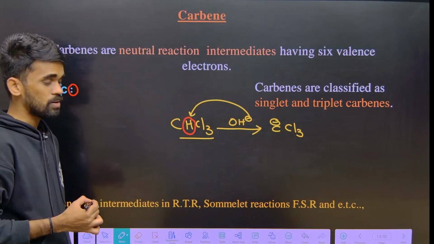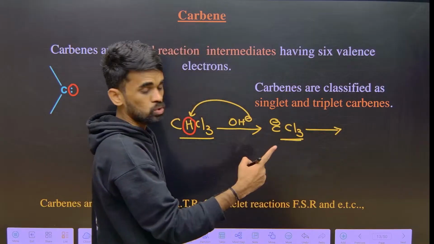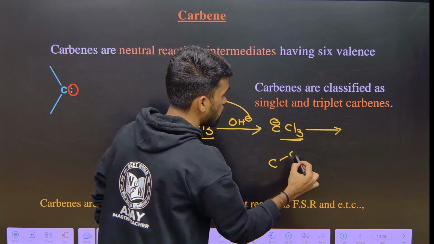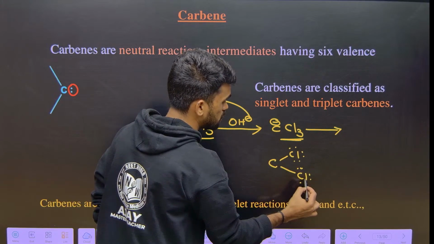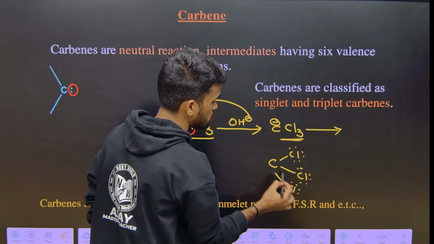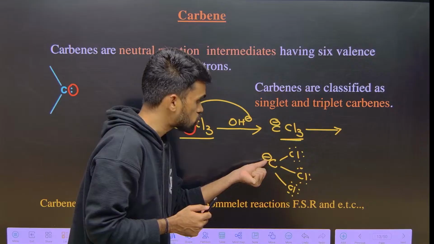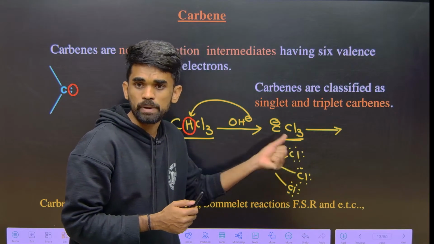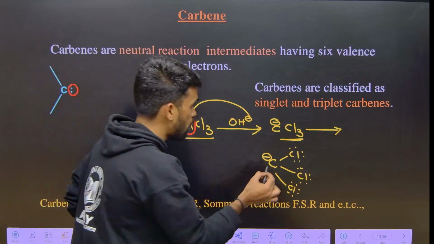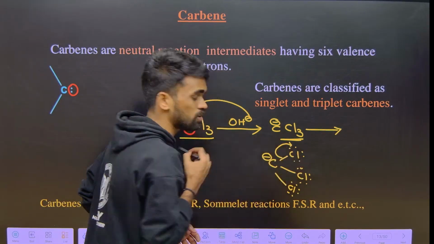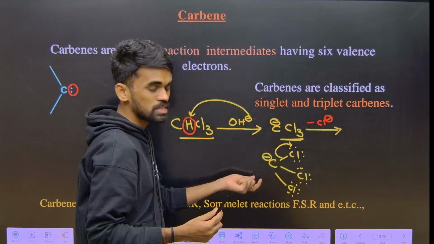After this, one chloride ion out of the 3 goes out, because each chlorine has 3 pairs of non-bonding electrons. There will be repulsion between the negatively charged carbon and the lone pairs of chlorine. Therefore the bond is taken towards the electronegative atom and it goes out as chloride ion, Cl minus. So what is the remaining species we have?